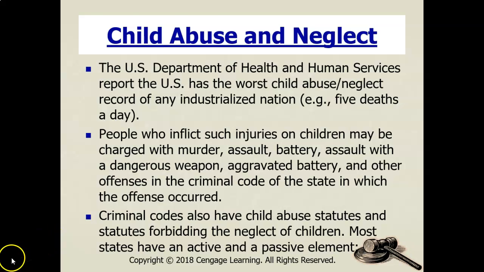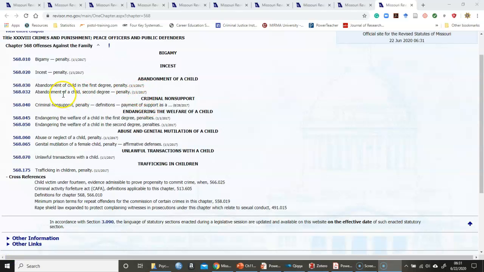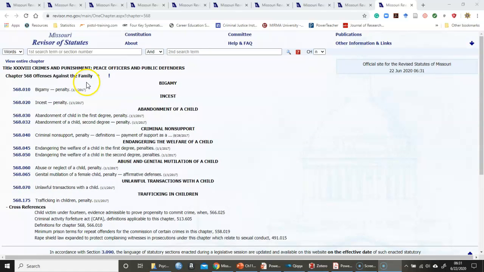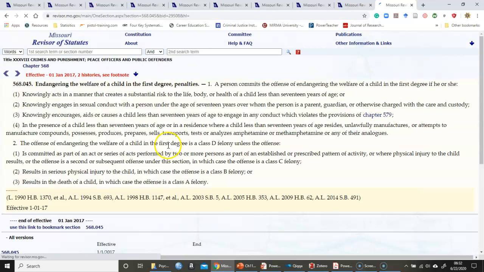So, Chapter 568, when we start looking at this, and again, we're going to cover more of these later on, but these are our crimes and punishments against the family, and this is where we get into endangering the welfare of a child and abuse and neglect. And these statutes are just a little bit different.